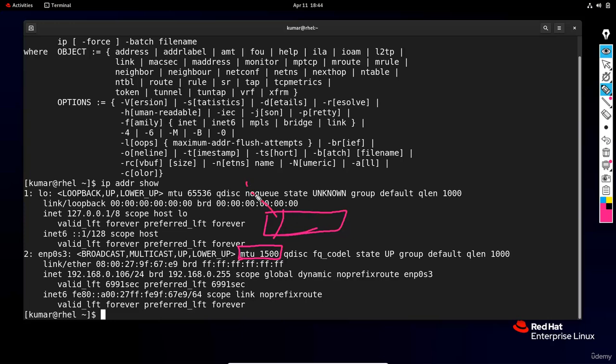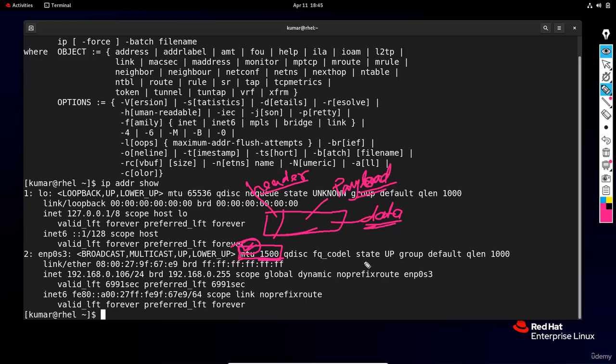One part is known as the header, and the other part is the payload, which you can also call the data. So how much data is transmitted in a single packet is defined here. This is known as the MTU value.